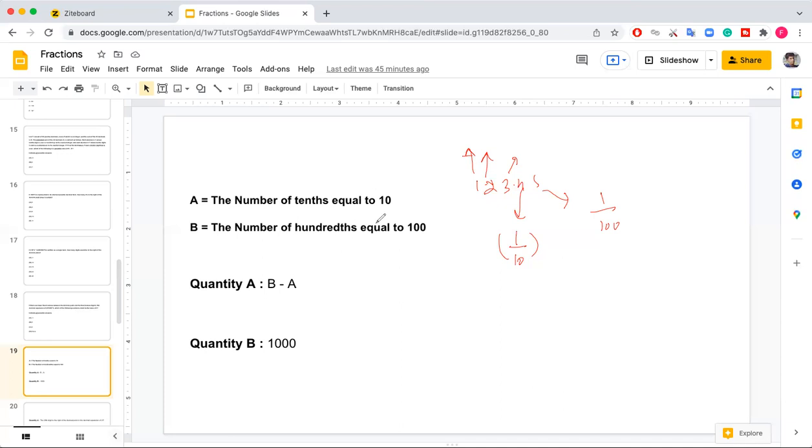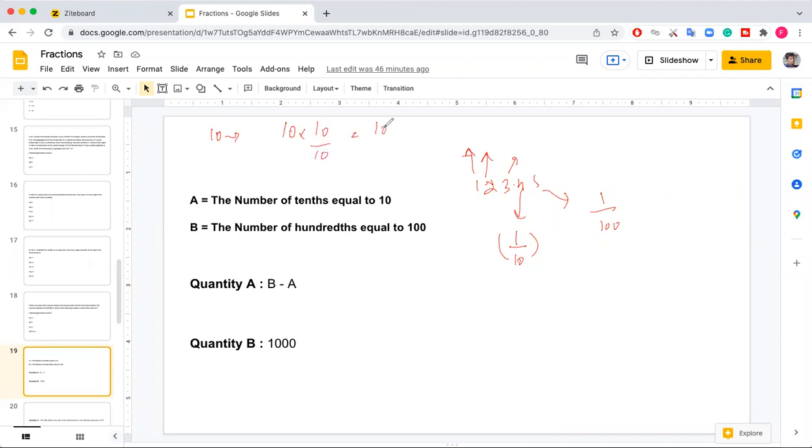No, the number of 10th equal to 10. Actually, in the question, A is the number of the 10th digit. That means how many are needed to become 10. Listen. For 10, how many numbers of 10th? The question is saying that the number of 10th equal to 10. For 10, we have how many number of 10th? 100. So you need to check for 10, we are checking this way.